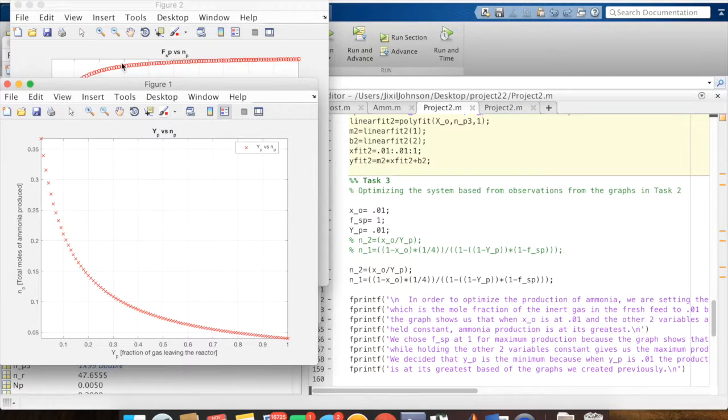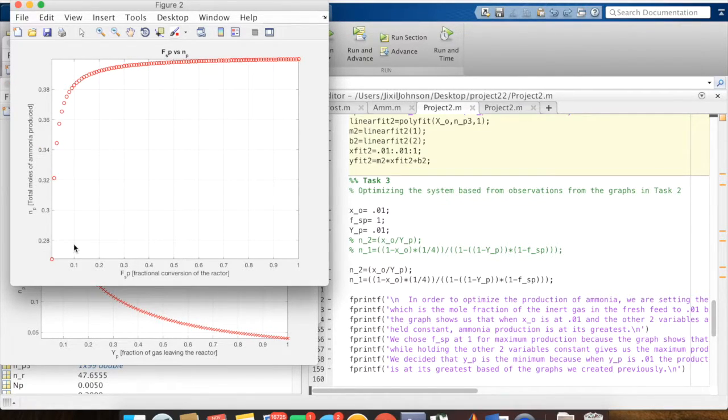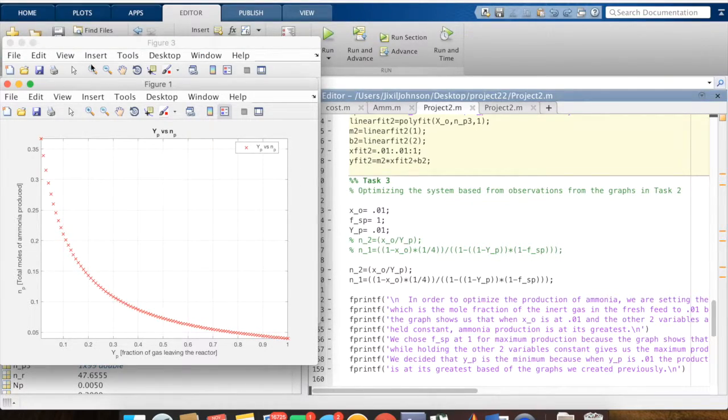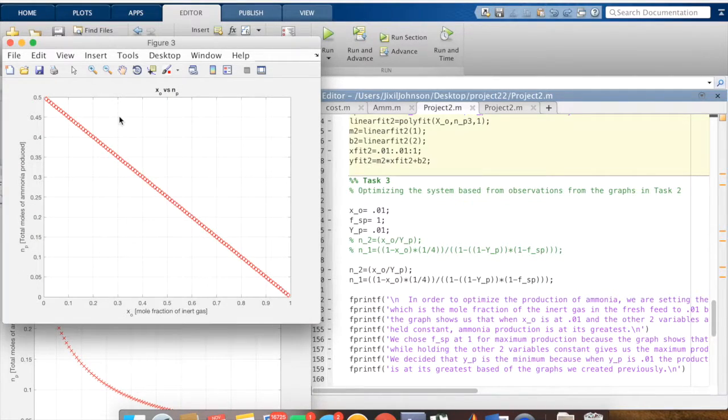When FSP is 1, the production of ammonia, NP, is at the maximum at this point. And when we look at the x naught equation, when x naught is 0.01 at this location, NP is at the maximum.